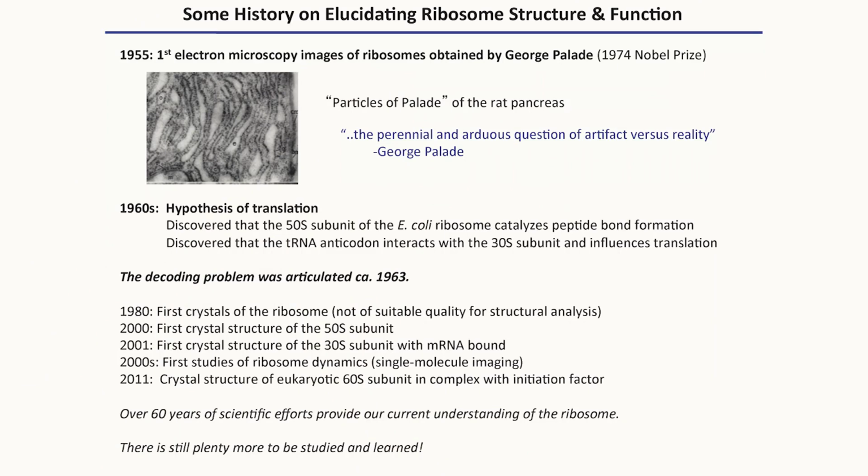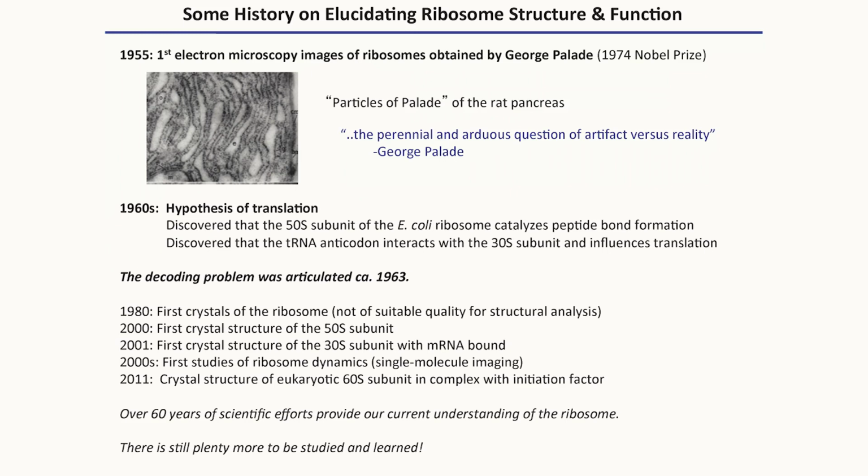If we think about this from the standpoint of structure analysis and crystal structures, so we'll look at images and data from crystal structures of the ribosome subunits today. What's important to appreciate here is that there was huge amounts of effort over many, many years to get where we are now.